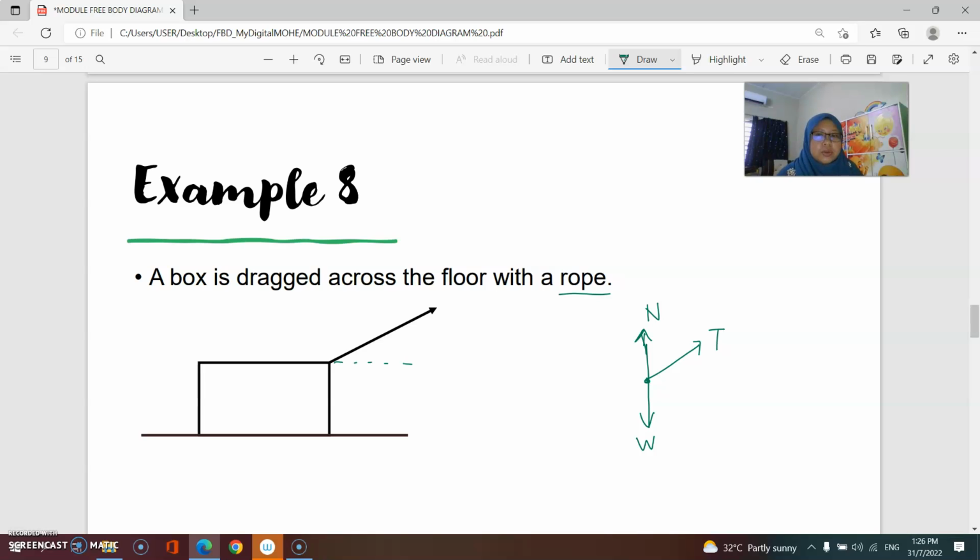If you are given an angle here, then you can just put an angle here. And how about the surface? Do we have a frictional force here? It is not mentioned whether it is a smooth or rough surface. So normally we can say that the frictional force will always exist, on any floor. But if the question mentions a smooth surface, then you can just put 0.